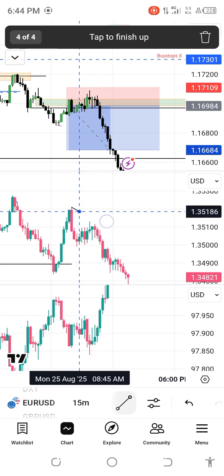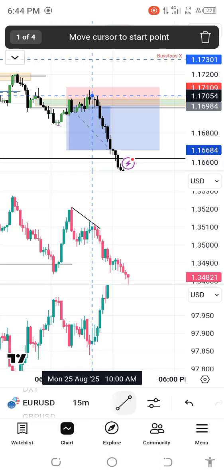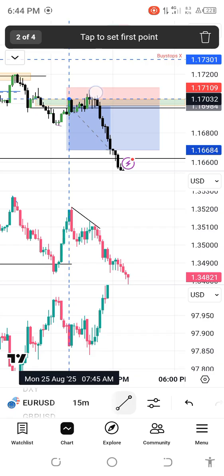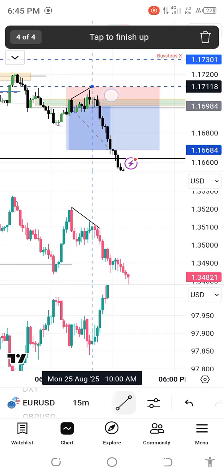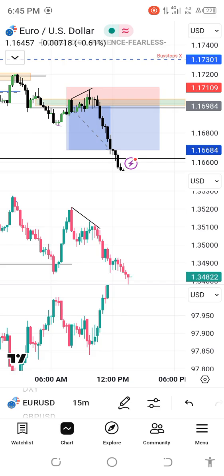on GBP USD, while it was forming lower highs, Euro USD on this other side was forming higher highs at about the period both of them ran into a major area of price of the market.